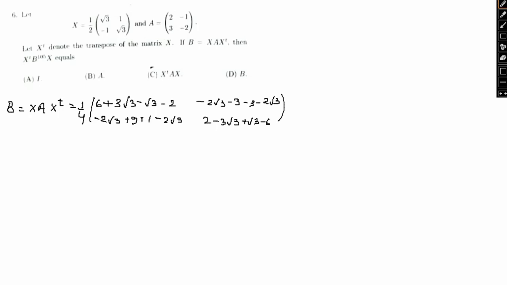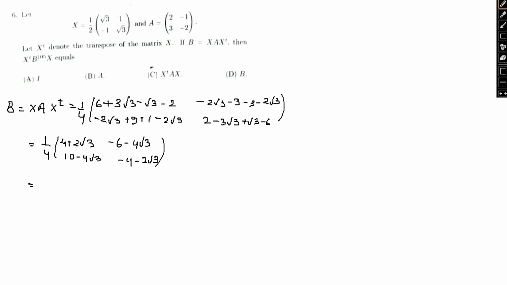Okay, so this can be further written as 1 by 4, plus 2 root 3, 3, minus 4 minus 2 root 3.